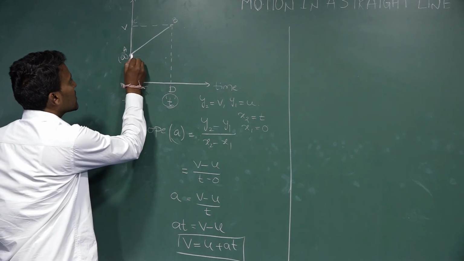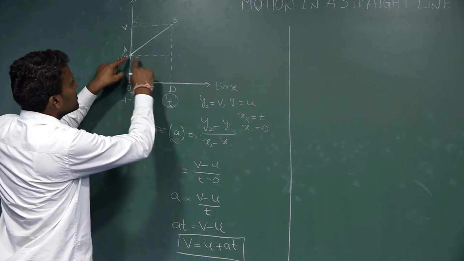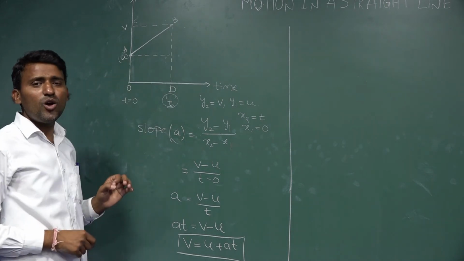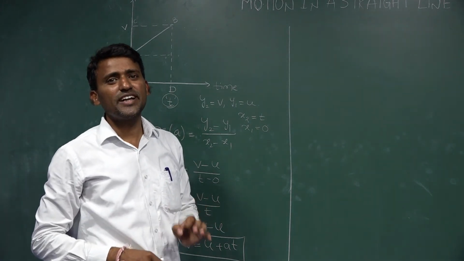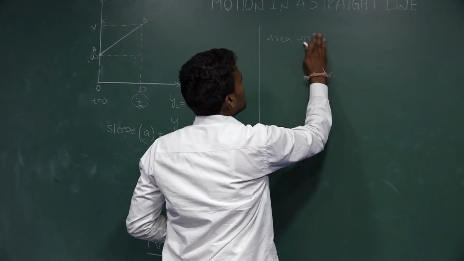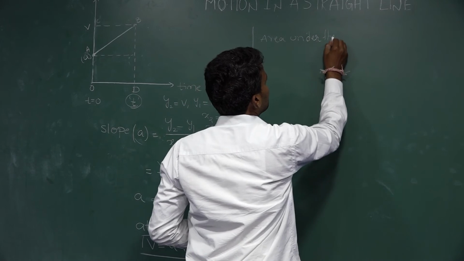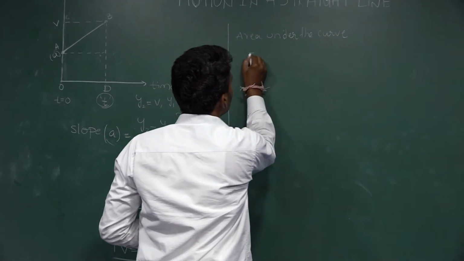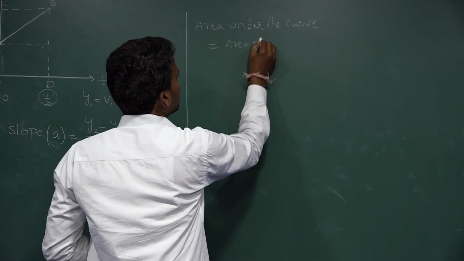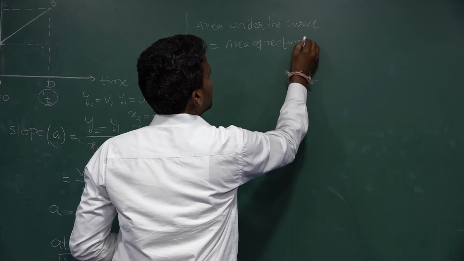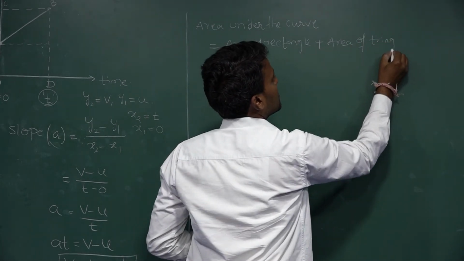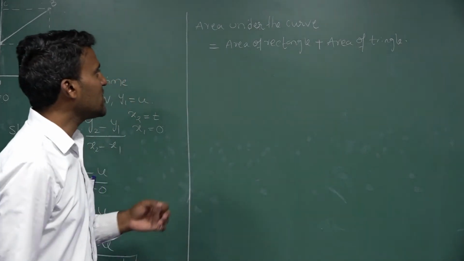In this situation, you can observe that there is one rectangle and one triangle. So area under the curve is equal to area of rectangle plus area of triangle. Now what about the area of the rectangle?